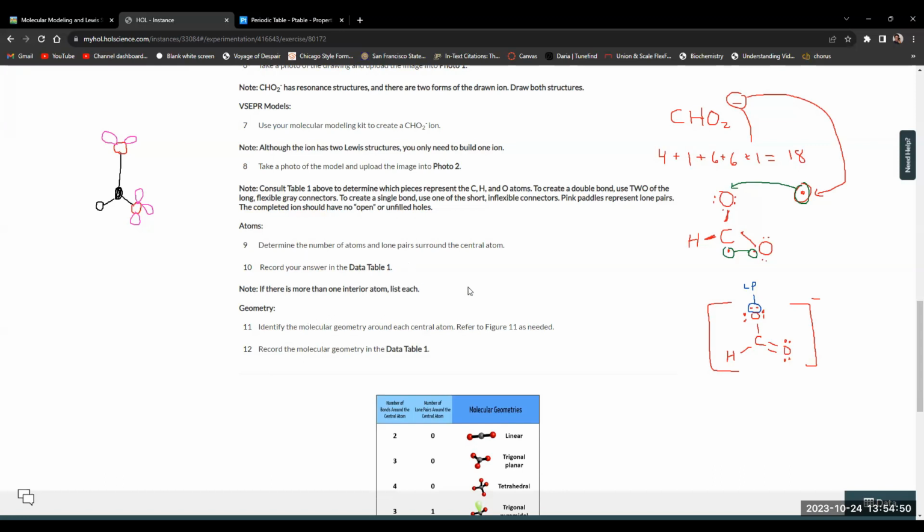So does the central atom have any lone pairs? Does this carbon here have any lone pairs attached to it?